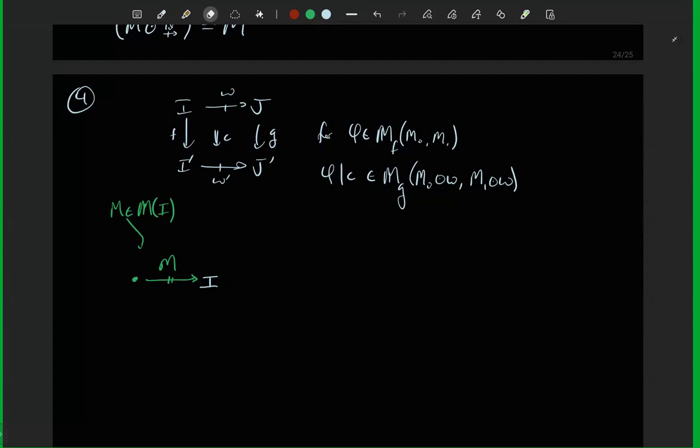And then if I have an F, and say here to I prime, and this is M naught, then I put another dummy domain here, and I put another M1 here. Then here, if I have a map here, will be notation for phi is in MF of M naught M1.